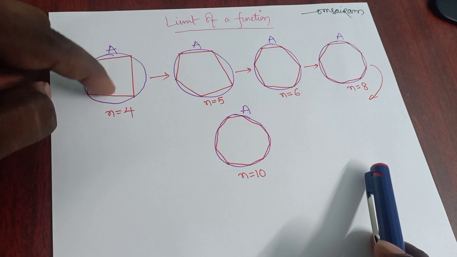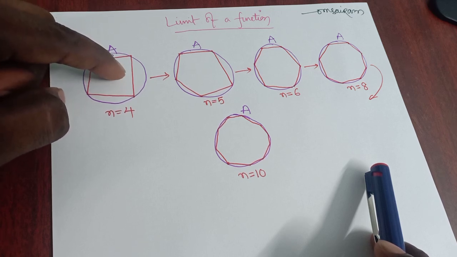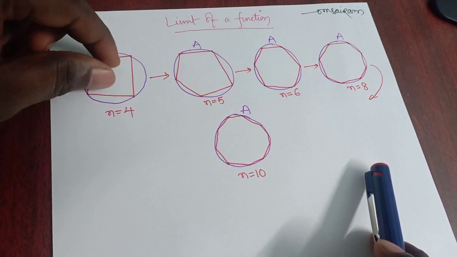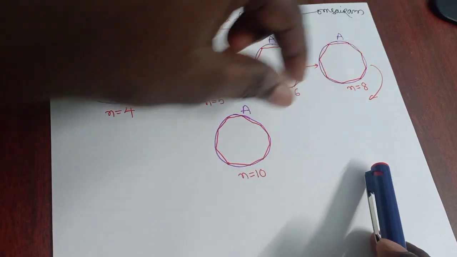If you increase the number of sides of a polygon, then the area of the polygon also increases.